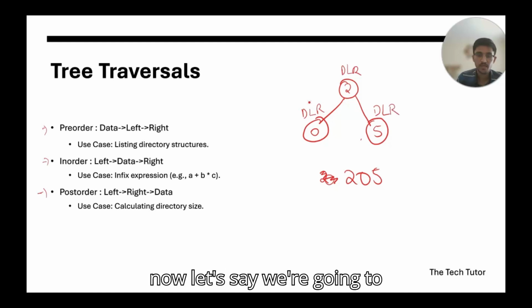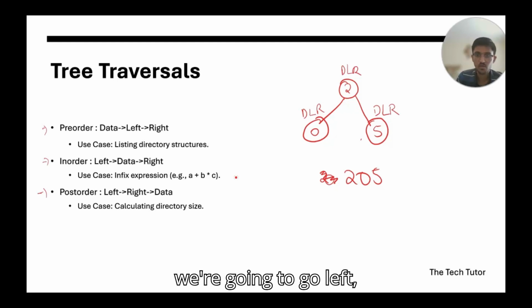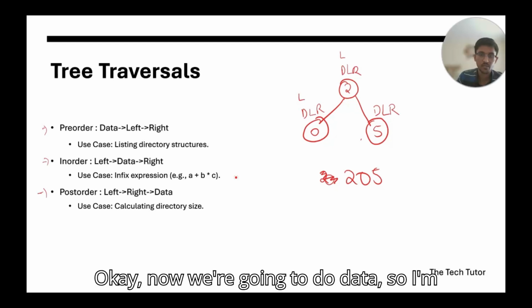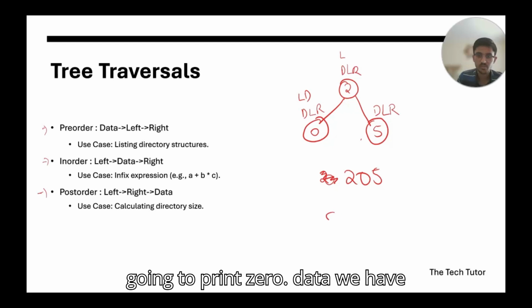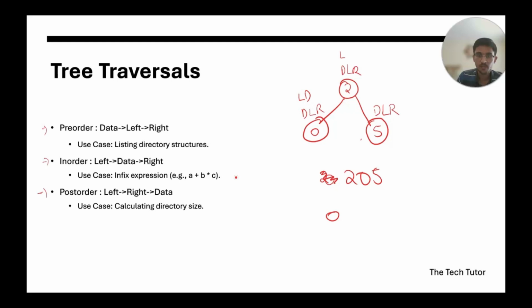Now let's say we do in-order. In-order is left, data, right. So we're going to go left. Left, we don't have anything. Now we're going to do data, so I'm going to print 0. Data we have finished. Right, we don't have anything.